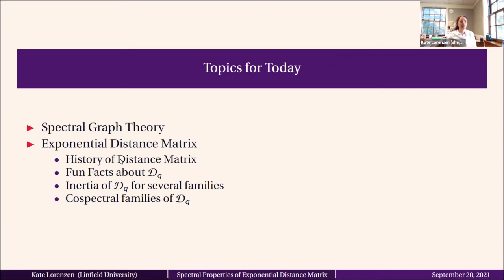The first is we're going to find the inertia of the exponential distance matrix for several families. And then we're also going to be investigating some cospectral families for the exponential distance matrix, which I think showcase some of the unique properties of working with this new matrix.